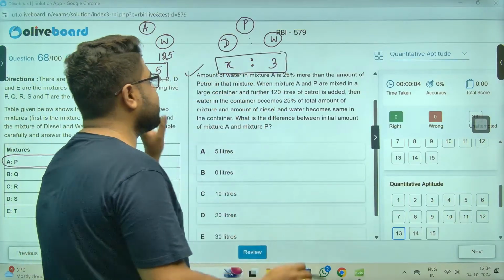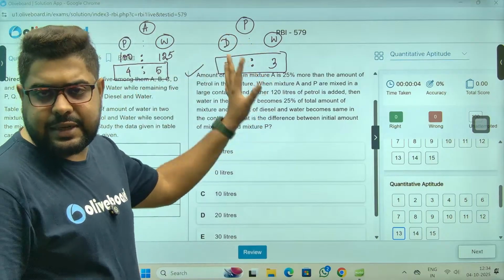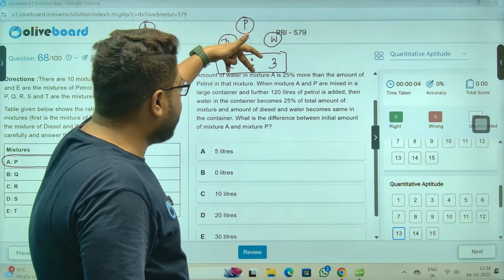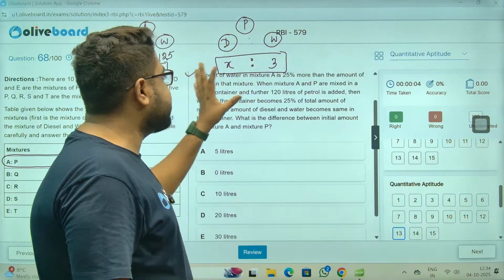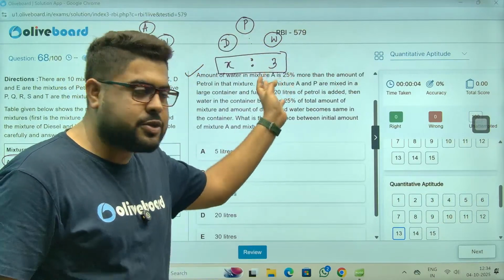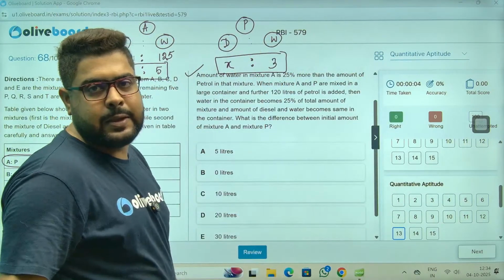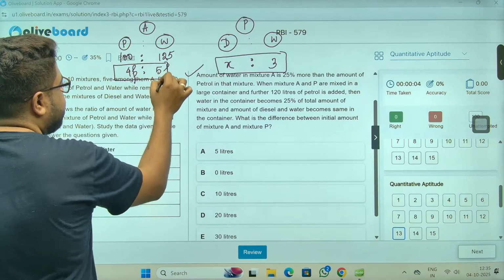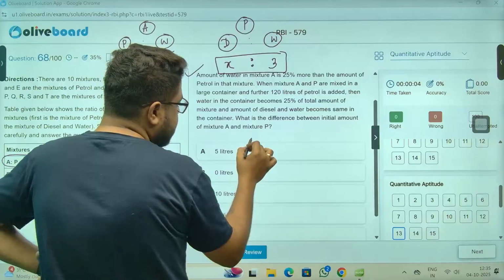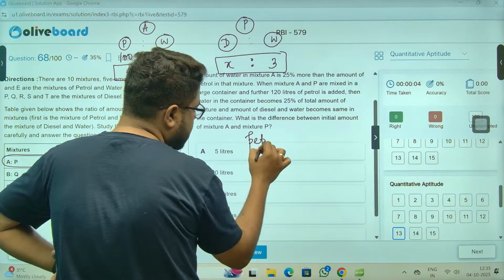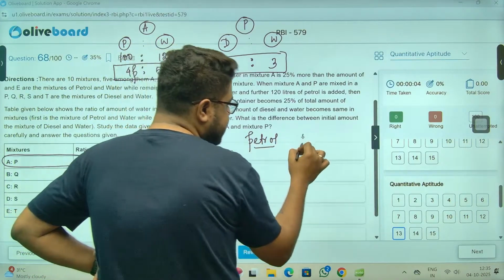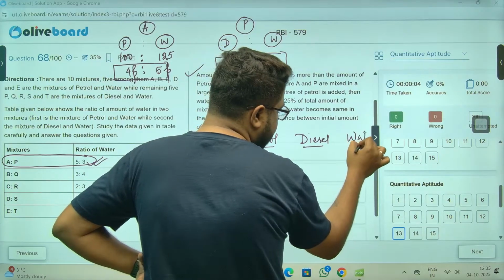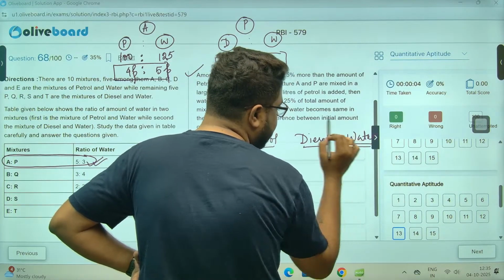I just know this is the ratio. Now they are saying when mixture A and P are mixed in a large container. Let's mix everything in one place. Sir, I'm taking 4P and 5P. So petrol, diesel, and water. I'm mixing everything in one place.